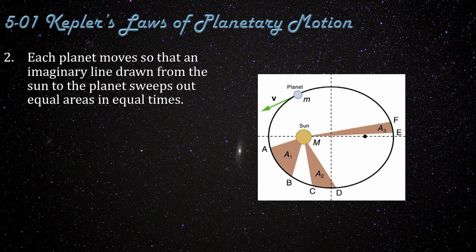You can see on the picture here, in order for areas A1, A2, and A3 to all be the same, the planet has to go fastest when it is near the Sun and slowest when it is far from the Sun. So as it gets near the Sun, the planet speeds up. As it gets further away from the Sun, the planet slows down.